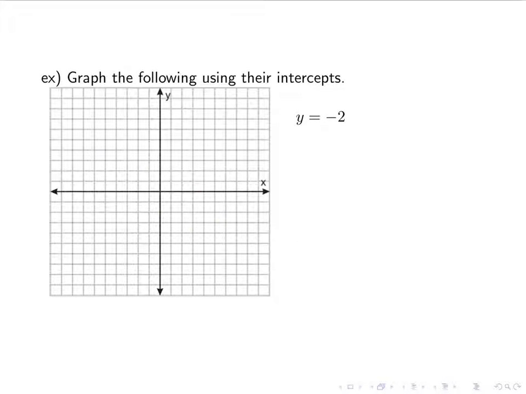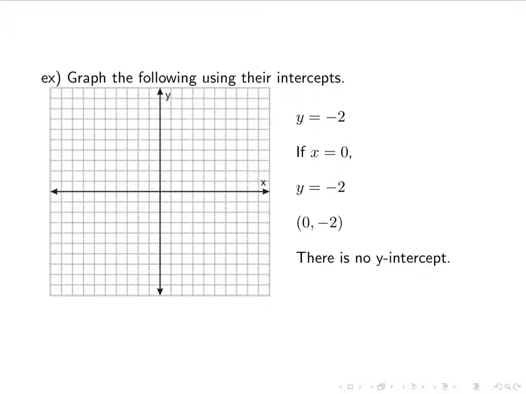Let's try another one. Graph the following using their intercepts. Y equals negative 2. If x is 0, y is negative 2. However, I can't plug in y as 0 because 0 does not equal negative 2. So there is no x-intercept.